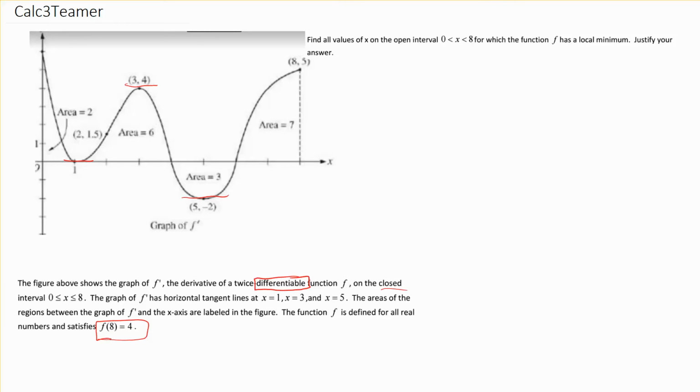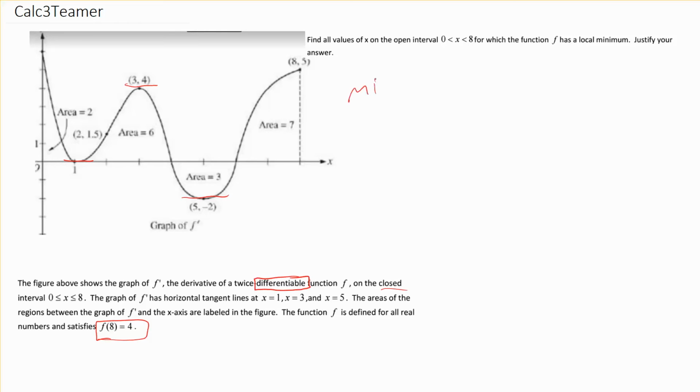All right, we read the question. Find all values of x on the open interval from 0 to 8 for which the function has a local minimum, and justify. So this is our derivative, and we want to find when the function would have a local minimum.